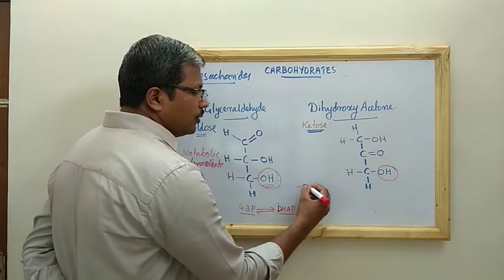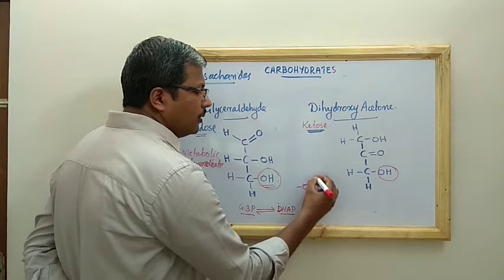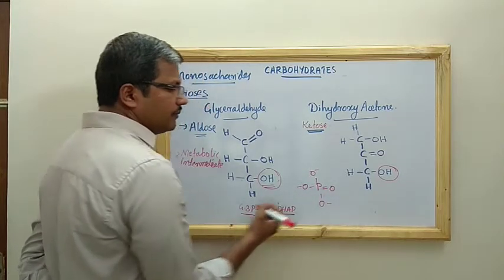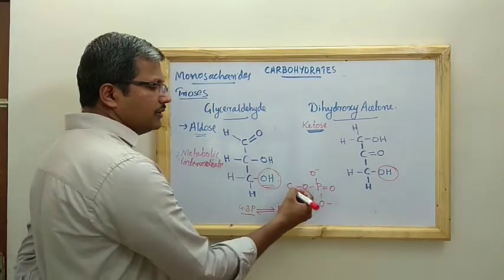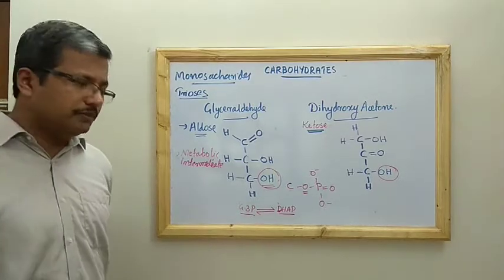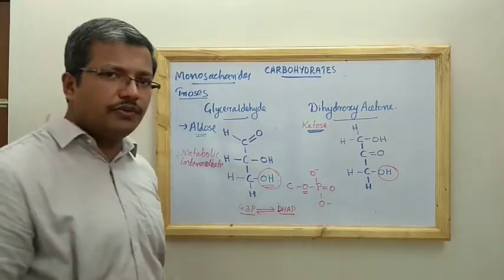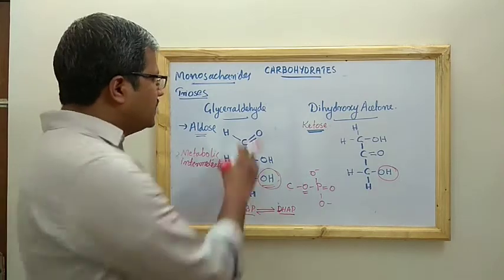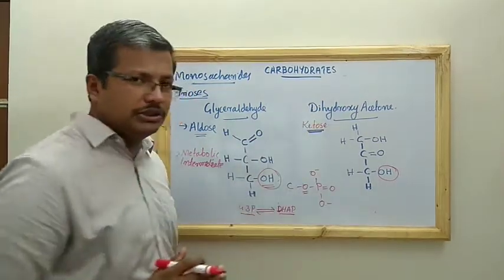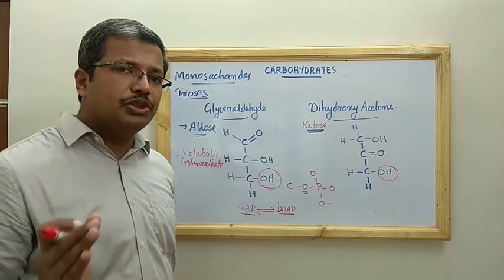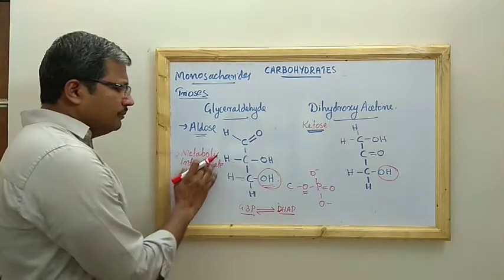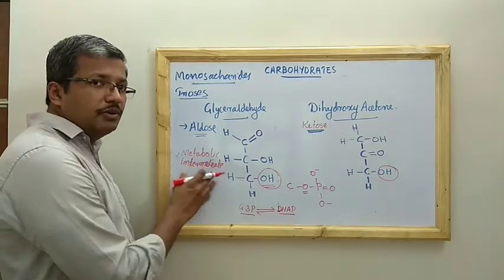It will be nothing but O, P double bond O, O minus, O minus, where this O is linked with this carbon. That is the phosphate. So glyceraldehyde 3-phosphate and dihydroxyacetone phosphate are derivatives of glyceraldehyde and dihydroxyacetone, and they play a major role as metabolic intermediates in metabolic pathways.